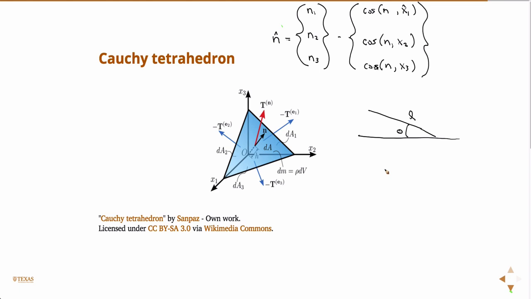So you know what I'm saying, the projection. This part of the line is what? Well, it's L cosine theta, right?